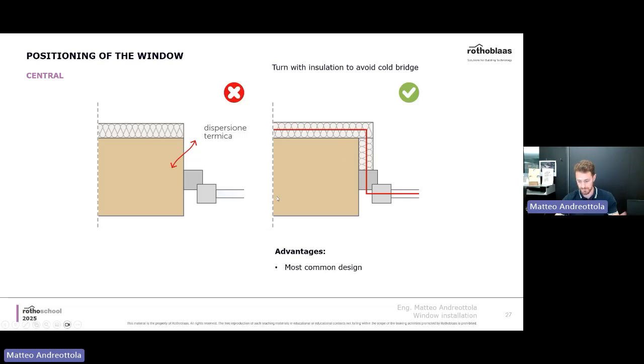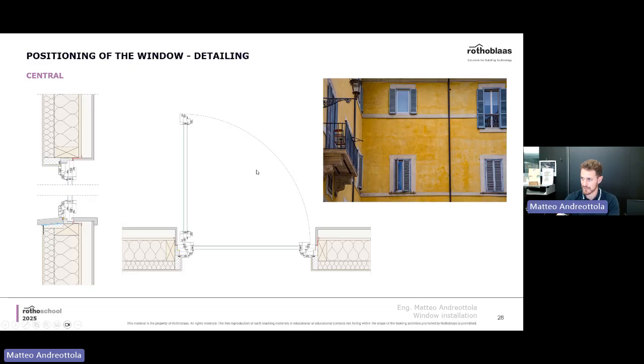Otherwise, cold bridge would become a very big problem, leading to condensation, and we've seen what that means in the first place. That's a common design. You can put it in the middle. You're left with two sills equally sized on the inside and on the outside. Very typical in the Italian culture, in the Asian houses, like the one I'm showing you guys.